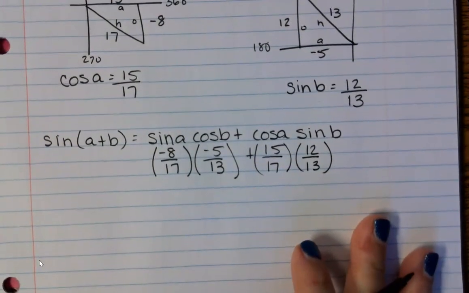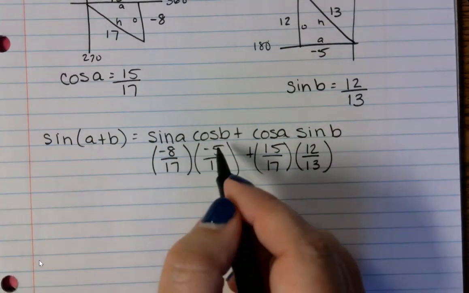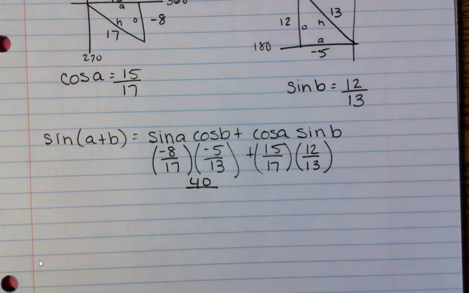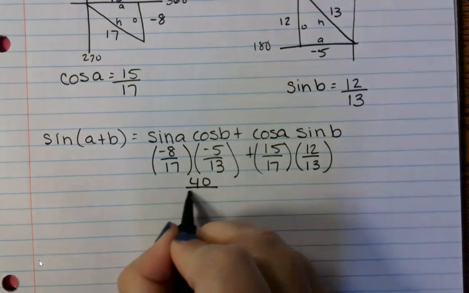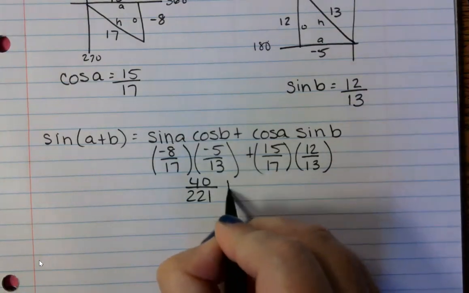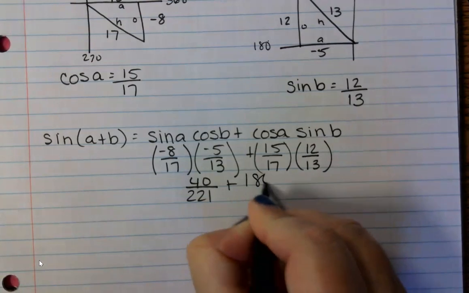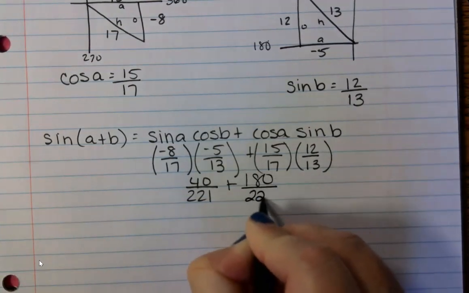Okay. So here we go. -8 times 5 is 40. And 17 times 13 is 221. 15 times 12 is 180. And here it's 221.